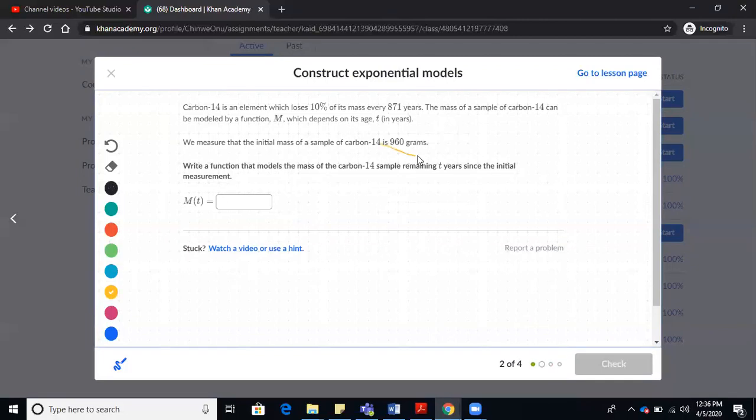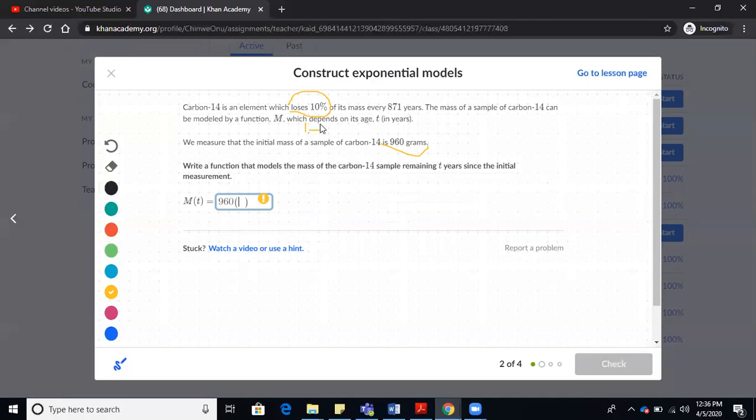So here I'm starting out with 960 grams of carbon of my element, and it loses 10%. So that's what goes in my parentheses, 1 minus 10%. So 10% as a decimal is 0.10.